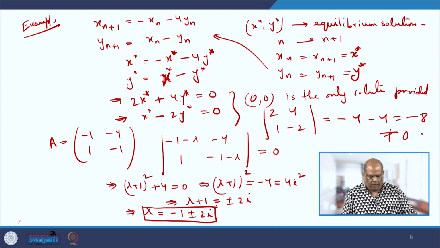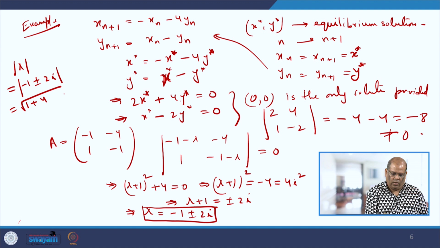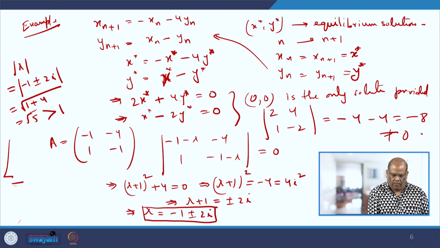So, the roots are complex. You take the modulus of lambda and you get mod of minus 1 plus minus 2i, which is square root of 1 plus 4 equal to root 5, which is greater than 1. So, this implies the given system is unstable.